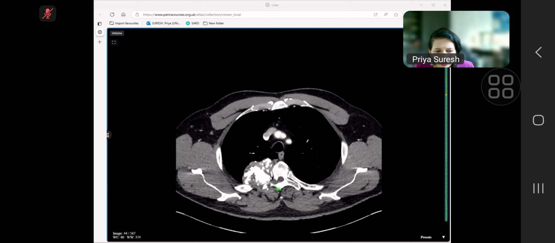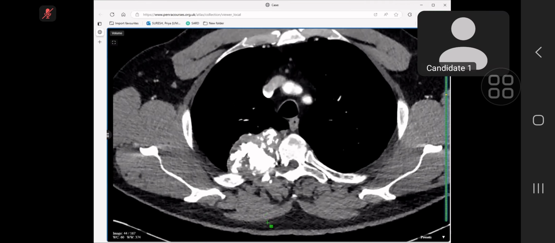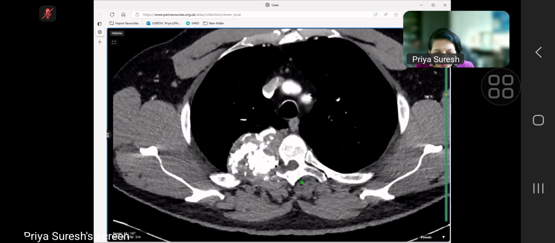So what is happening here? Destruction of the pedicle. Yes, that's why I was asking you. I stopped at that image and asked, is there anything else you would like to add to it? And then if you go on to the next image, can you see that?